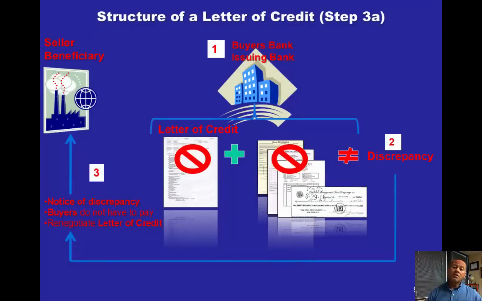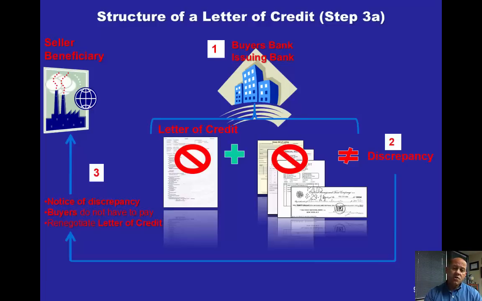Now, not all letters of credit are compliant. You might have what we call discrepancies. In other words, maybe the ship dates weren't right. In other words, shipments were delivered late. The goods didn't make that sailing. Certain inspection certificates weren't presented. So you might have a situation where the seller submits documentation to the buyer, but those documents weren't compliant with the original set of instructions.